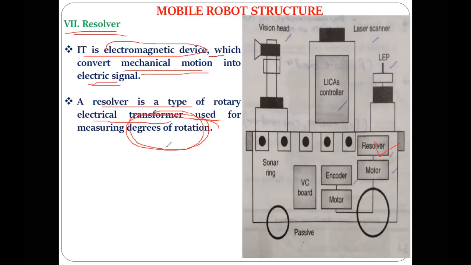So this actually also helps the robot encoder. The resolver's functionality is to convert the mechanical motion into electrical signals and to measure the degree of the rotation. That is the functionality of the resolver component that you can see here.